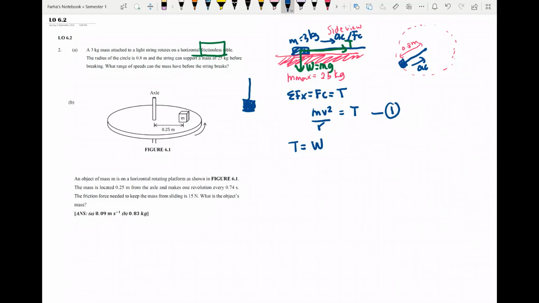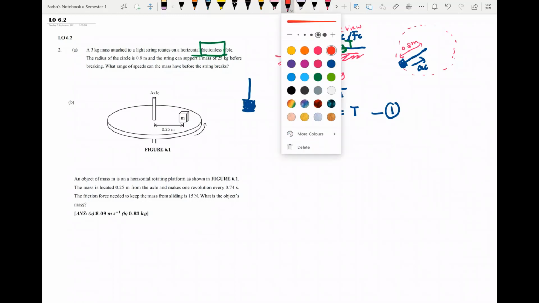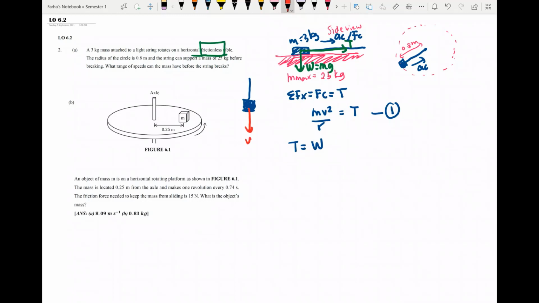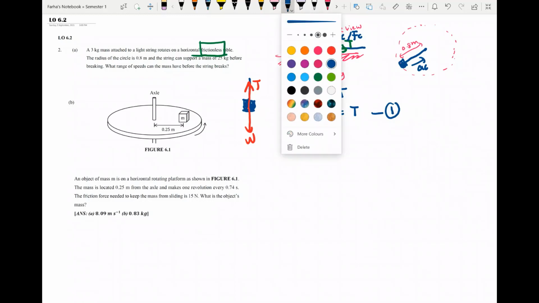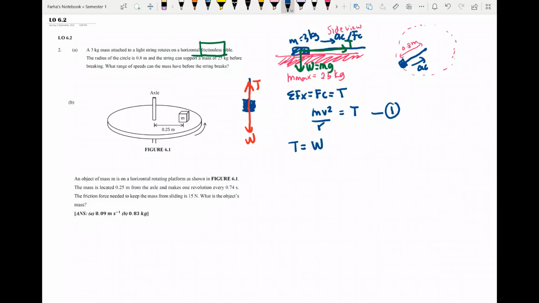Bila kita lukiskan free body diagram, so ini yang berlaku, kita ada W dan kita ada tension ke atas. Jadi T akan sama dengan W. Okay, bila T equals to W and the W equals to mg, mass adalah 25, g is 9.81. So kita akan dapat 245.25 Newton. This one the second equation.